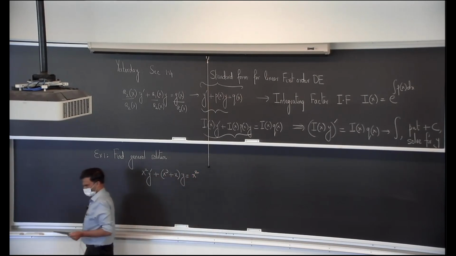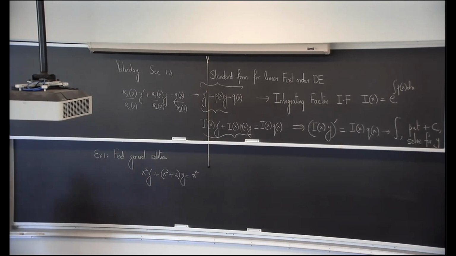So it's asking for a general solution, so there is no initial value given. So can you carefully try that problem? We have everything you need up there, so you can make use of all the information up there.